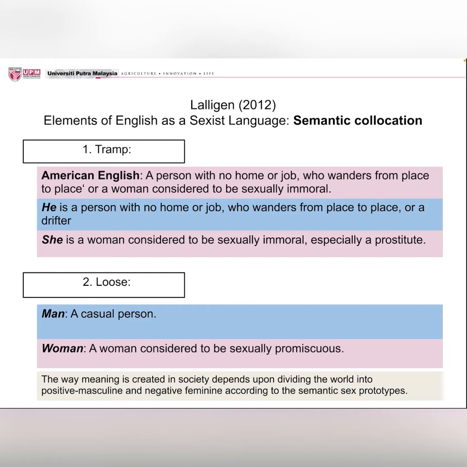So you can see the way meaning is created for a single word in society depends upon dividing the world into positive, which mostly refers to men, and negative, which refers to women, according to the semantic sex prototypes.